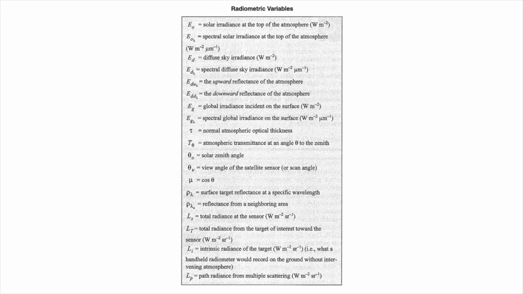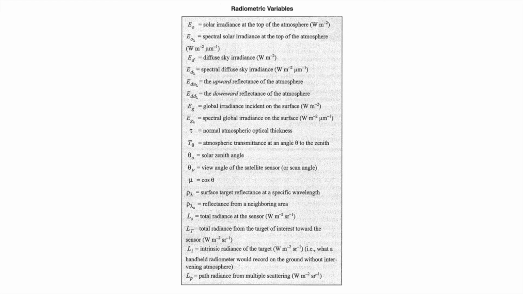Here we have added a lambda, so there's a wavelength dependency. E sub d is diffuse sky irradiance. There's also spectral diffuse sky irradiance, so there's again a wavelength dependency that we're accounting for. We have global irradiance that is impinging upon the surface, and again there's a wavelength dependent version as well.